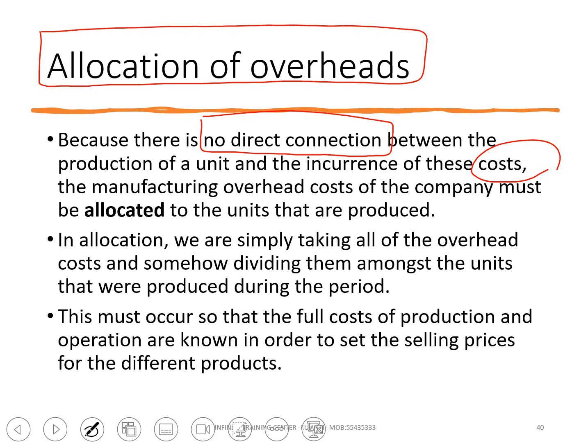There is no direct connection between this cost and the number of units produced. So what we have to do is take all this cost and allocate it to the number of units produced. Allocation is just dividing this cost among the units produced. Or we can say, whatever overheads you incurred, you are just distributing the total cost to the number of units produced. And how we will do that, we will see in the coming slides.